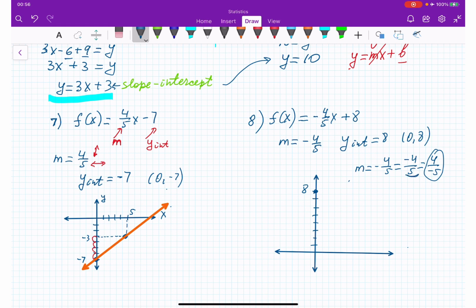So I'm going to go down by 4, okay? So let me mark down 1, 2, 3, 4, 5. This is 5. So I'm going to go down by 4. So here was 8, and I do minus 4, I will get to 4. 1, 2, 3, 4 here. Okay, and then I have to go positive 5 horizontally.